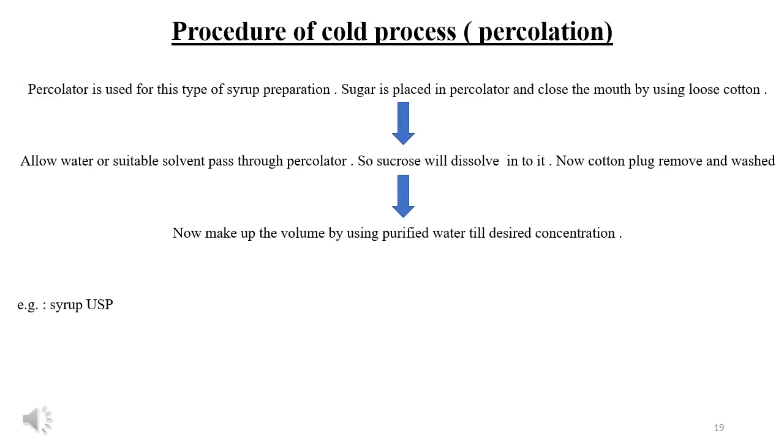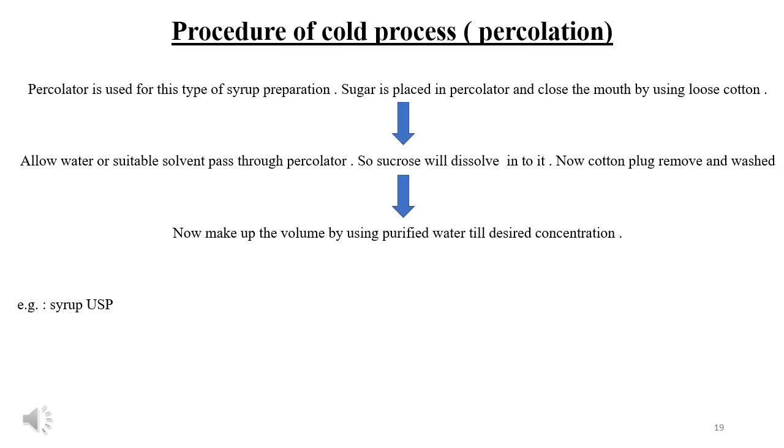This is the second method of preparation of sugar syrup, called percolation, also called the cold process. Here a percolator is used for this type of syrup preparation. Sugar is placed in the percolator and the mouth is closed using loose cotton.